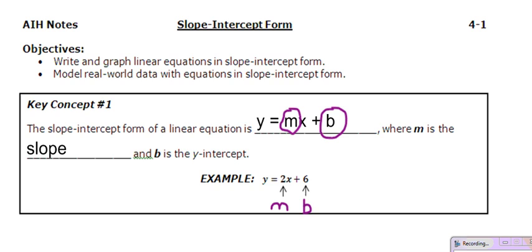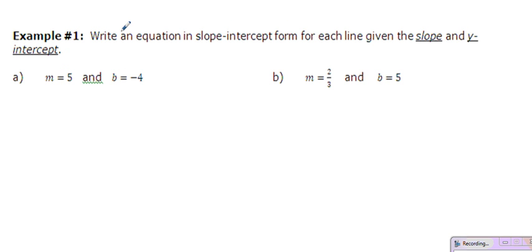So let's look at an example. It says write an equation in slope-intercept form for each line given the slope and the y-intercept. So it's telling us the m is 5, that's the slope, and the b is -4. Remember, slope-intercept form is y equals mx plus b.